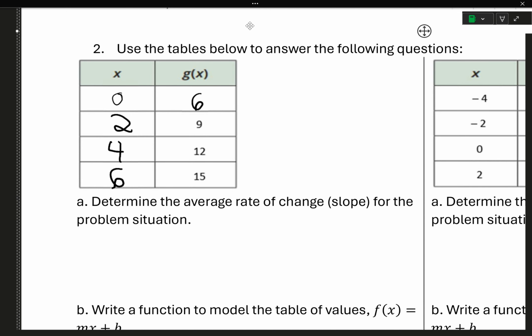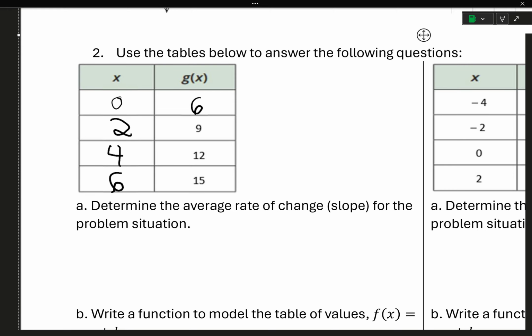I'm going to write it down right here. M equals y2 minus y1 over x2 minus x1. Let's label our table with x's and y's. And then I'm going to color code it as well.